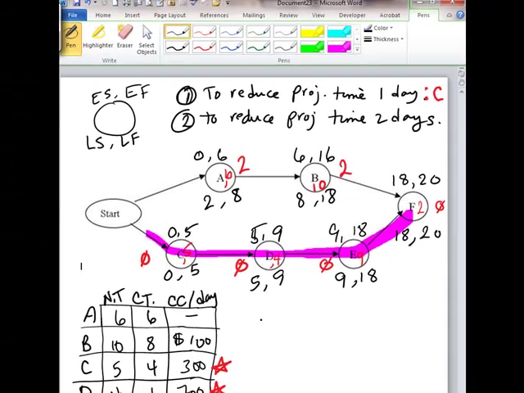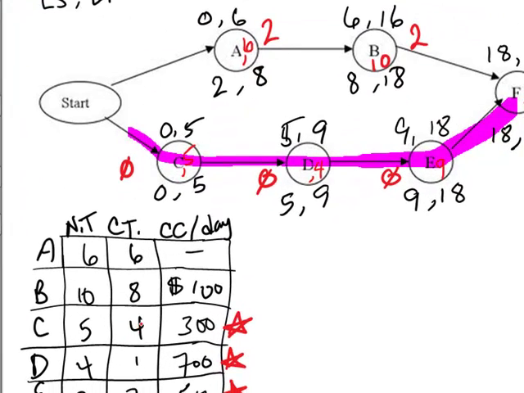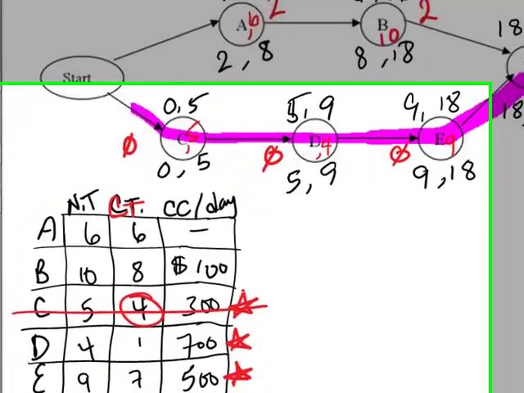So when I come to the table, I can see that by crashing activity C 1 day, I'm already at 4. I will get it done in 4 days, but it cannot be crashed anymore because its crash time is 4 days. So C comes out of the picture.